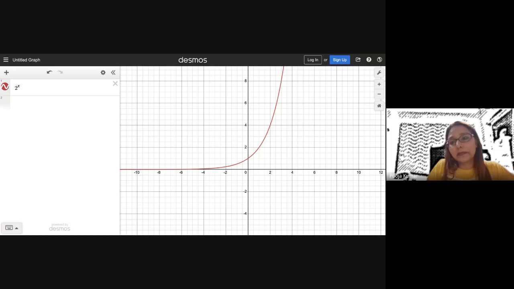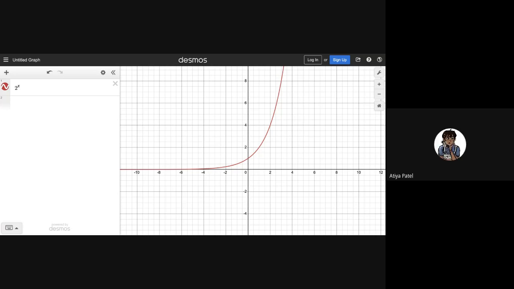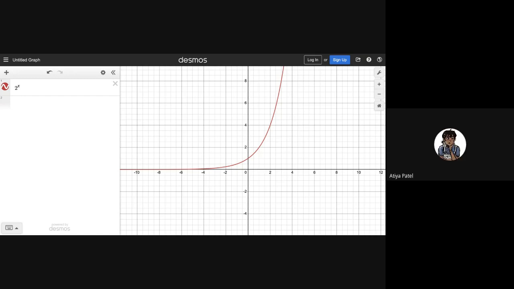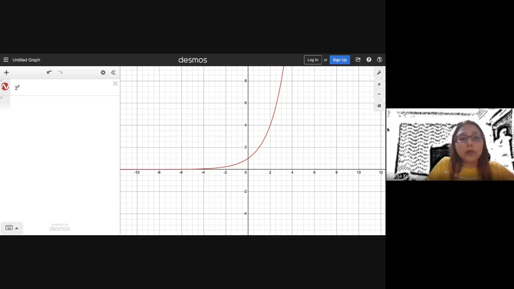It's 1 upon 2 raised to 2, because we need to get rid of this minus. How do we get rid of it? We put a 1 upon. Then what is the answer? 1 upon 2 squared, which is 1 upon 4. Now, 2 raised to power -1, what is the answer?